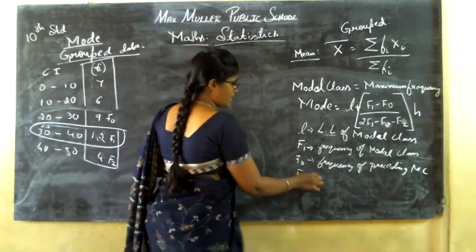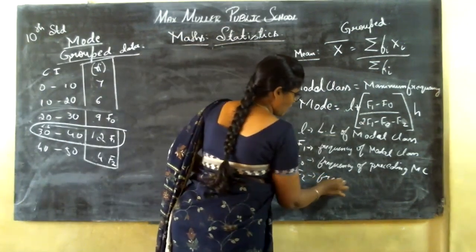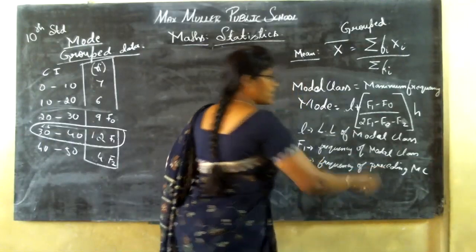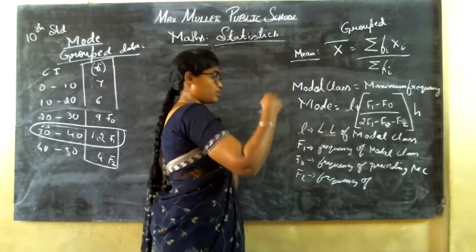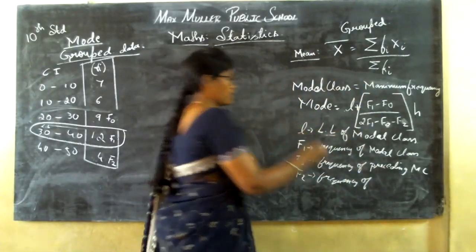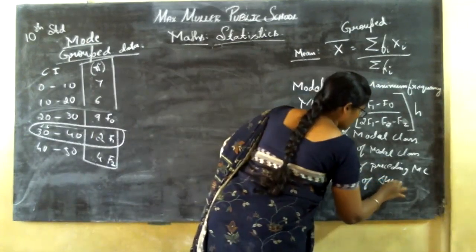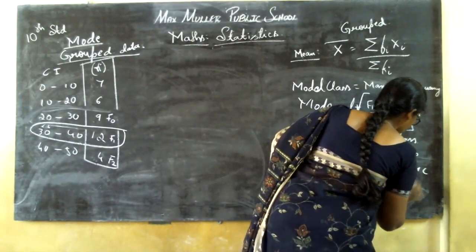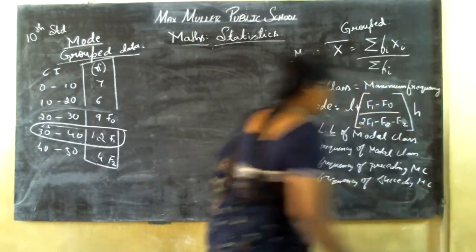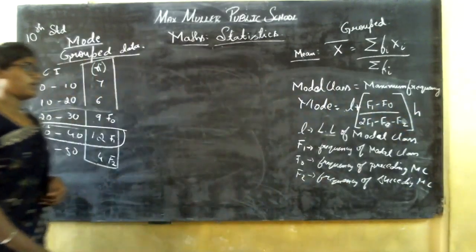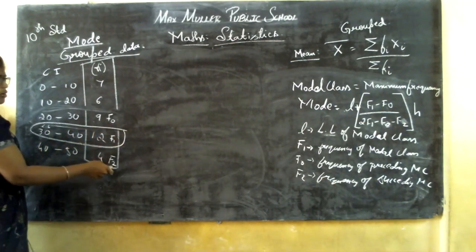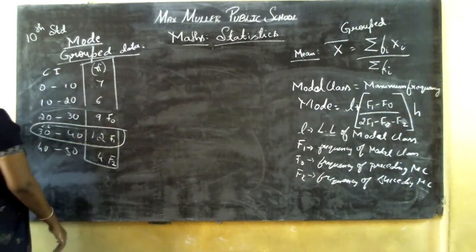So what is this F2? It is the frequency of the succeeding model class. Correct? Preceding is before, succeeding is after. So after F1, whatever number you have, that is the succeeding.